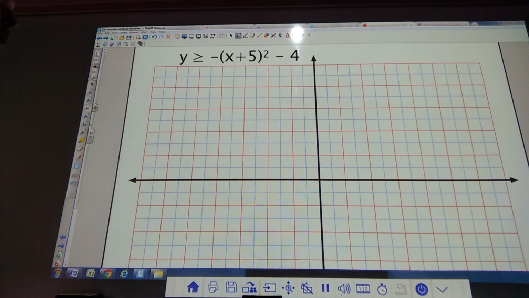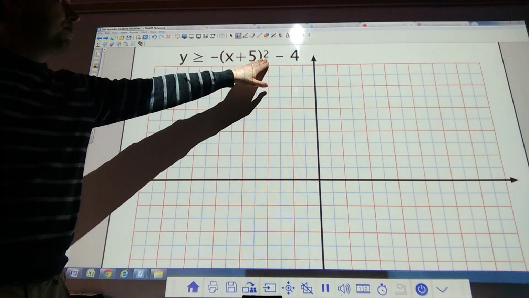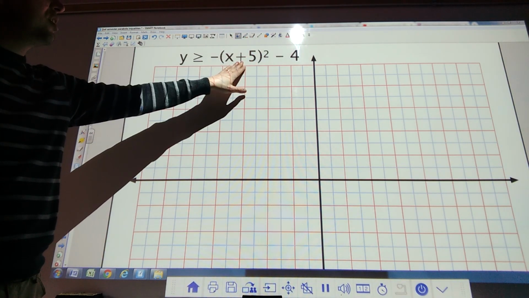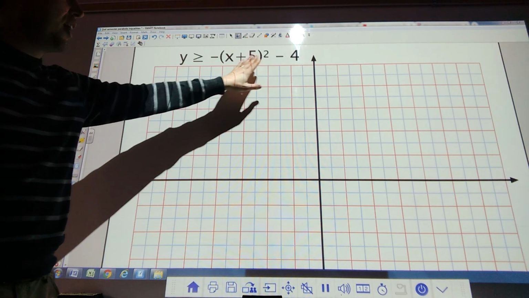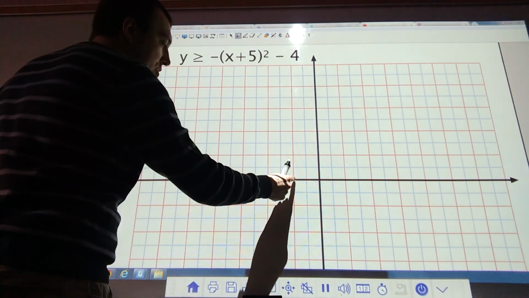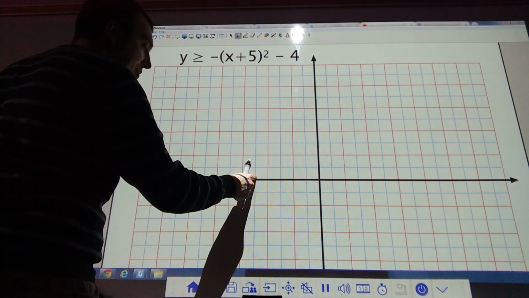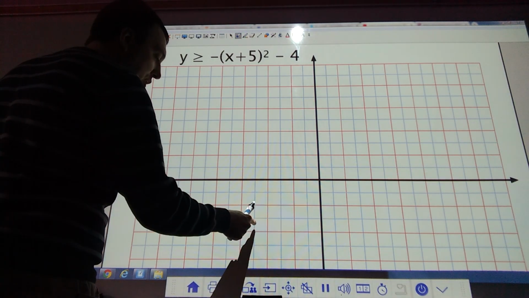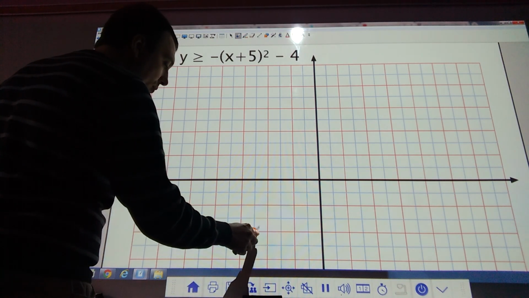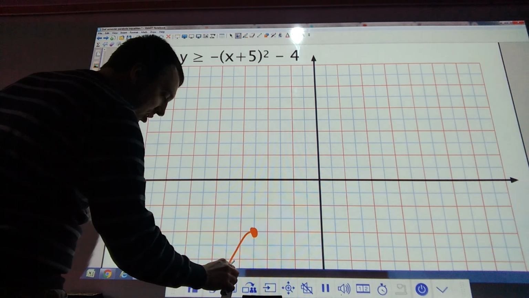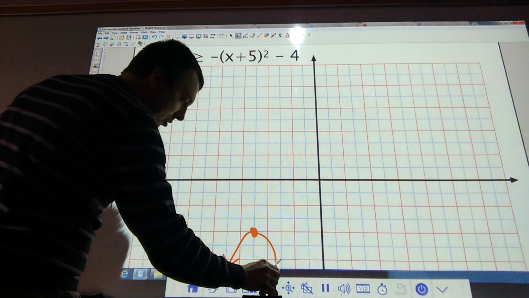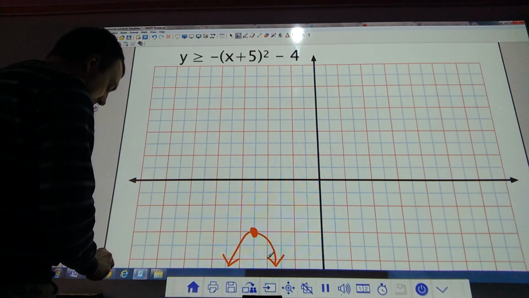All right, here we go. It is a parabola. The vertex is opposite on the inside, same on the outside, so that's going to be negative 5, negative 4, 1, 2, 3, 4, 5, 1, 2, 3, 4. It is going down because it's negative, so it looks something like this. Okay?